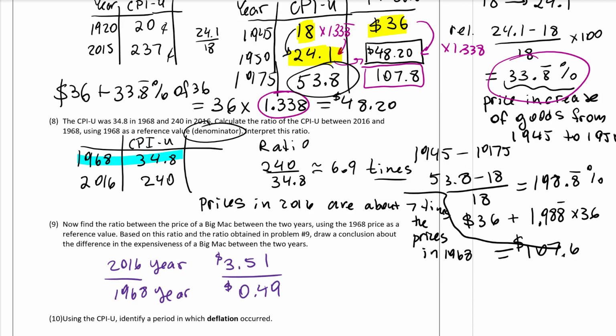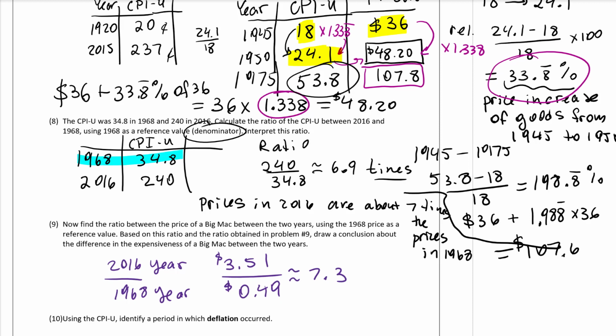Notice we're doing a ratio, not the subtraction. Forget about subtraction. Subtraction tells us nothing. We want the ratio, because ratio gives us how many times something increased by. So the ratio here is about 7.3. That means the Big Mac in 2016 is 7.3 times as expensive as in 1968.